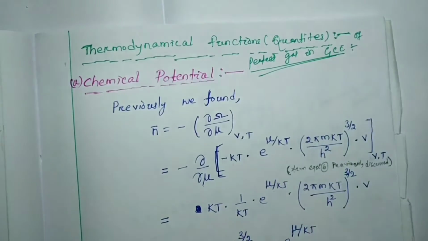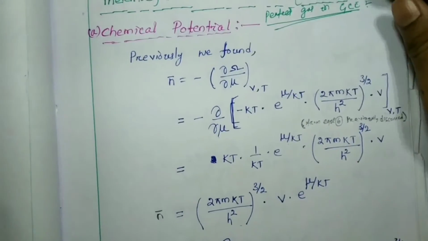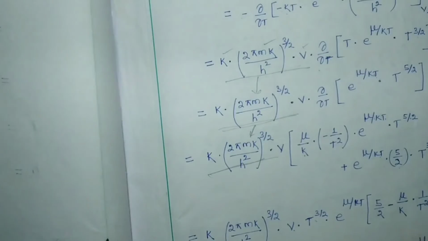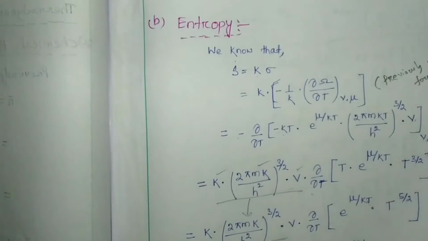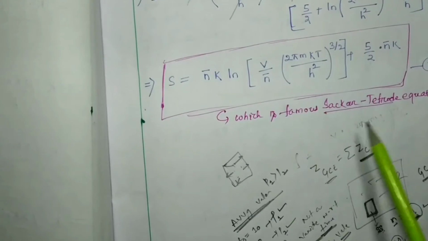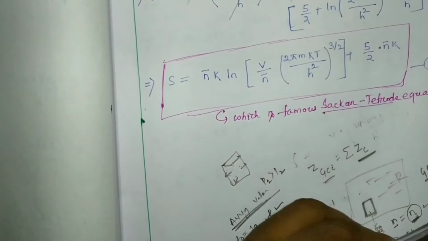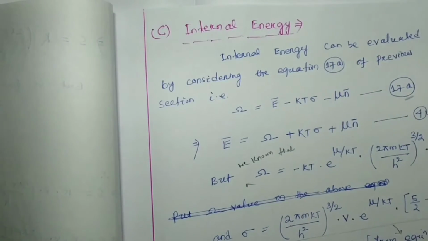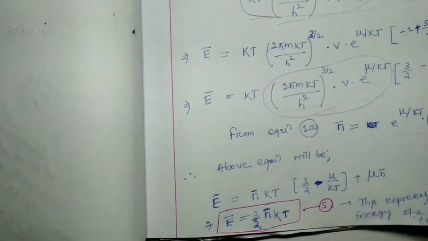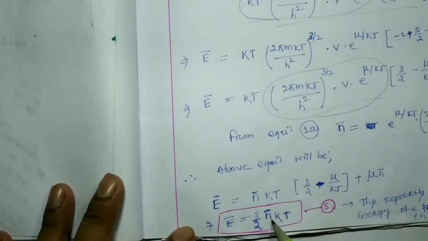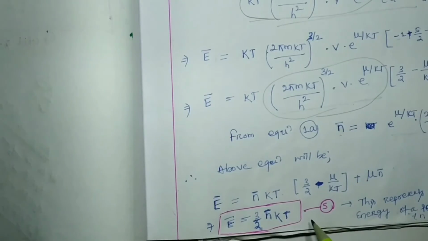In detail, we discussed the value of chemical potential and entropy, and we found the famous Sackur-Tetrode equation, and the internal energy. The average internal energy is 3/2 N k T. This much we discussed in our last class.